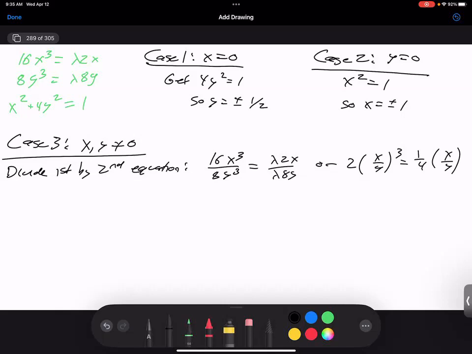And so that's really nice. We know x over y is not 0. As x divided by y is not 0, we get x over y squared is going to be 1/2, or x squared is 1/2 y squared. Yes?